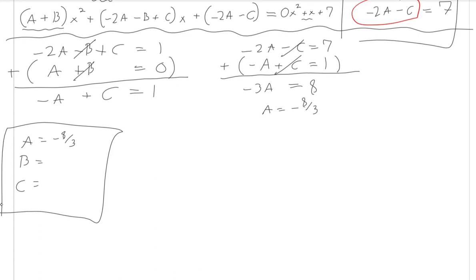Now that we got A, we can solve for any of the other ones. I'll use the minus A plus C equals 1 because that looked easy. So minus A plus C equals 1. Plug in A, which is negative 8/3, plus C equals 1. That'll be a positive 8/3. Subtract to the other side. So we get C equals 1 minus 8/3. So that's 3/3 minus 8/3, which gives me C is negative 5/3.